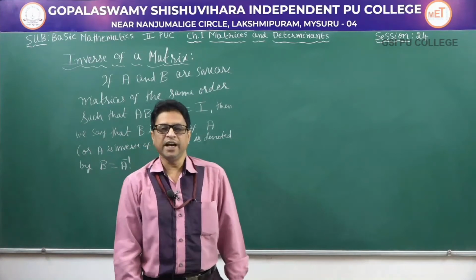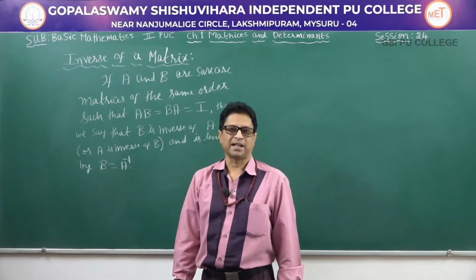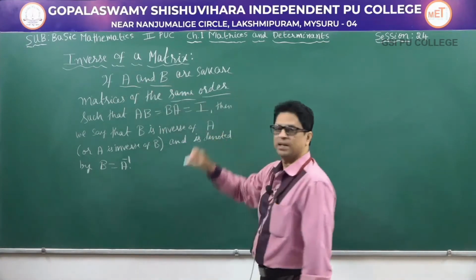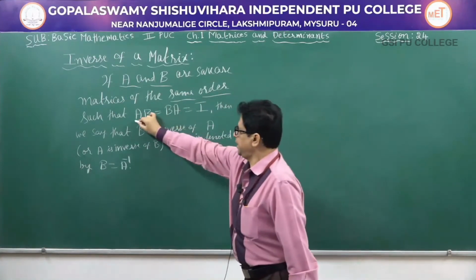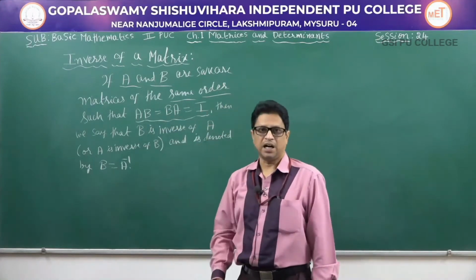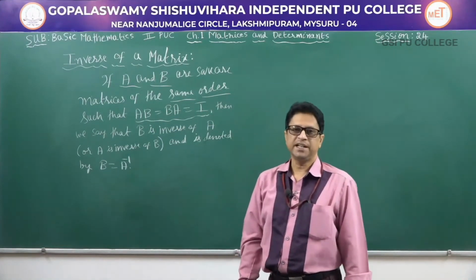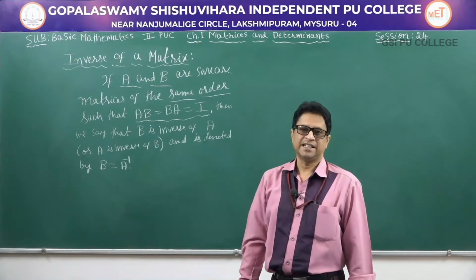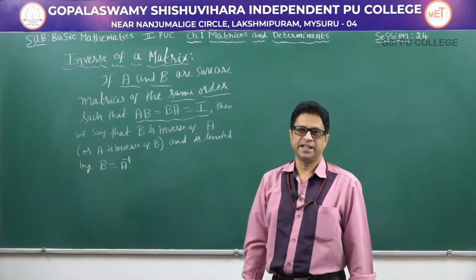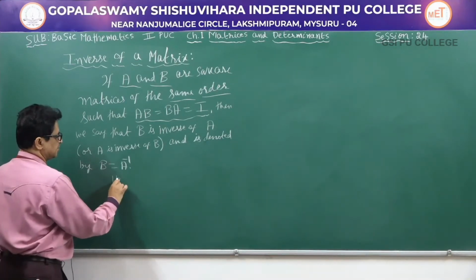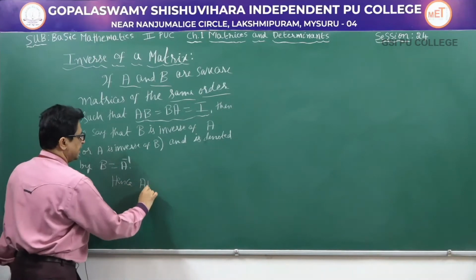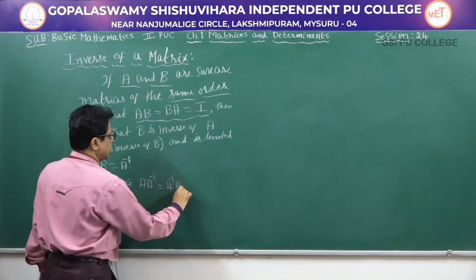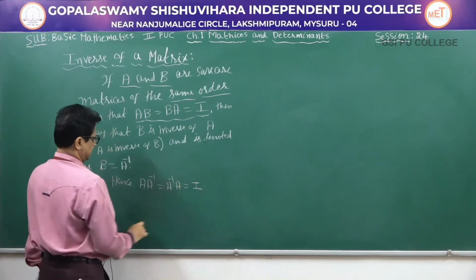That is, if A and B are the square matrices of the same order such that AB equals BA equals I, we say that B is the inverse of A or A is the inverse of B and is denoted by B equals A inverse. Hence, A into A inverse is equal to A inverse into A is equal to I.